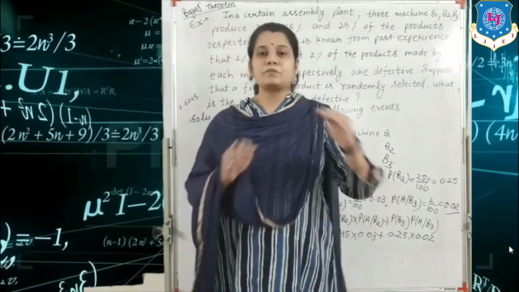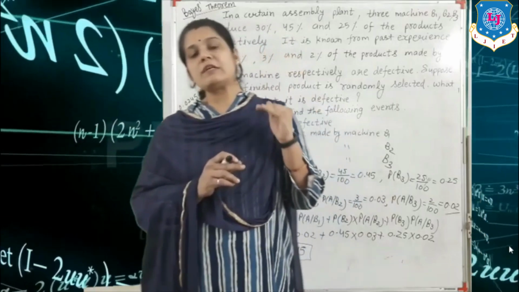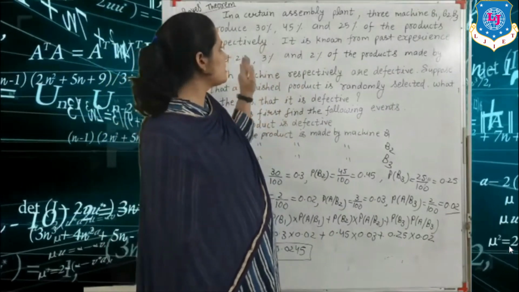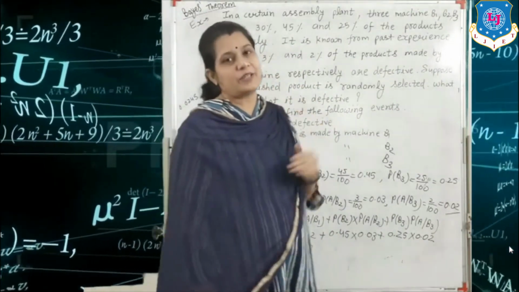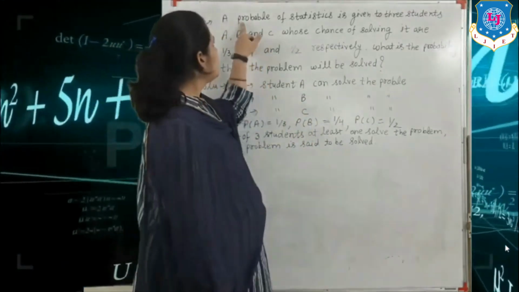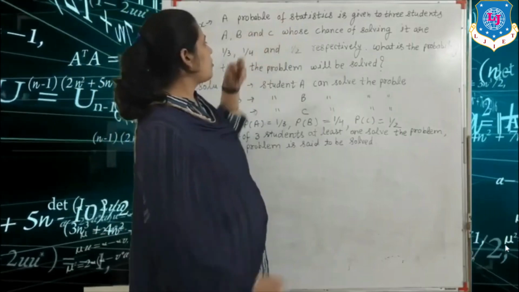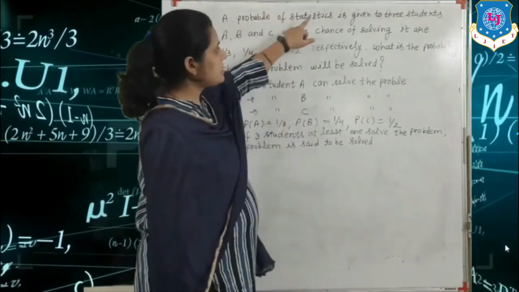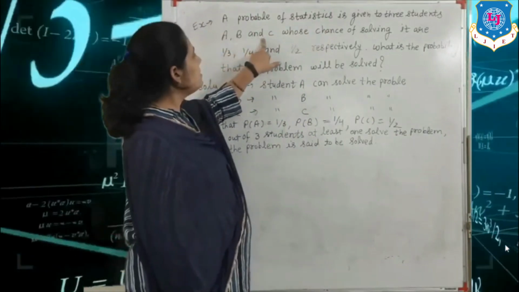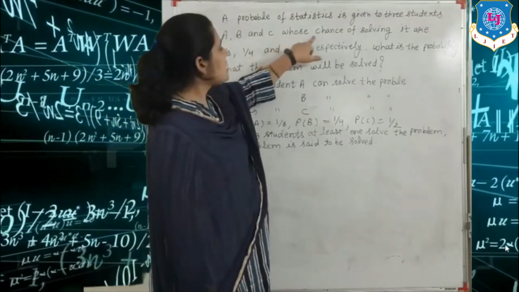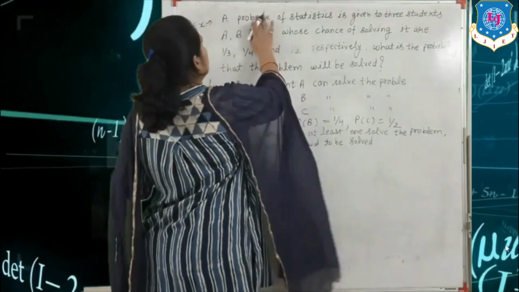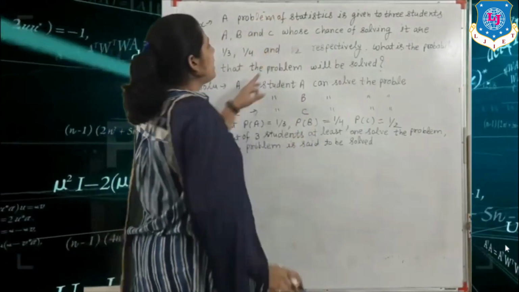Okay, so this example is very important because in this example we are given three conditions, and this question depends on your Bayes theorem. This is the example of the next simple basic probability problem of statistics. A problem of statistics is given to three students A, B, and C, whose chances of solving it are 1/3, 1/4, and 1/2 respectively.